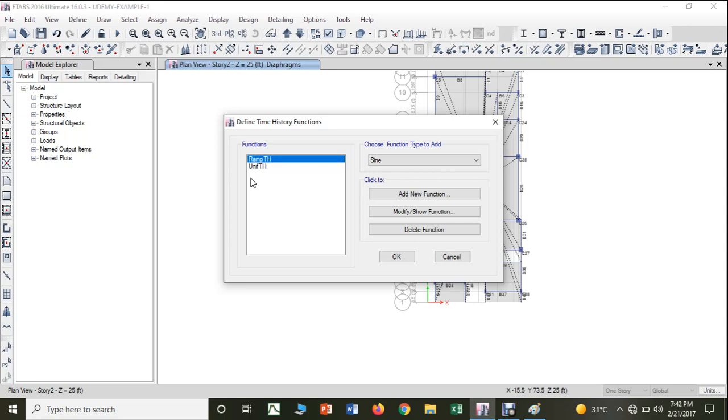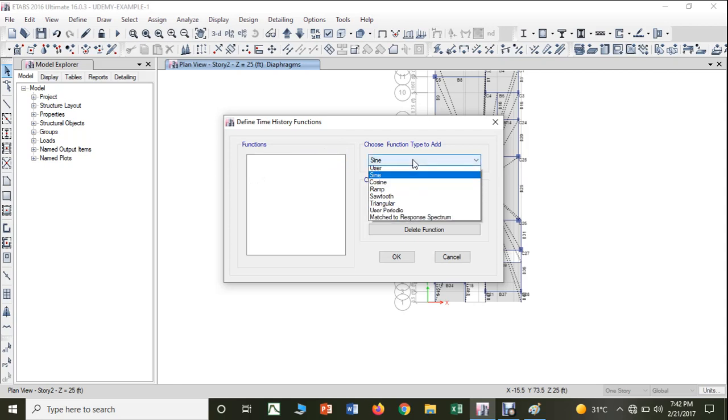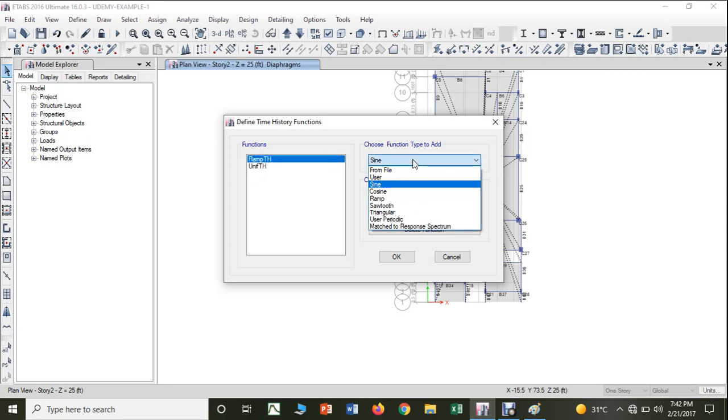Okay, that is another way of doing the time history. As the name itself indicates, the time history means it is going to vary with respect to time. So that is another way of doing the dynamic loading. So response spectrum and the time history are the two methods of doing the dynamic analysis.